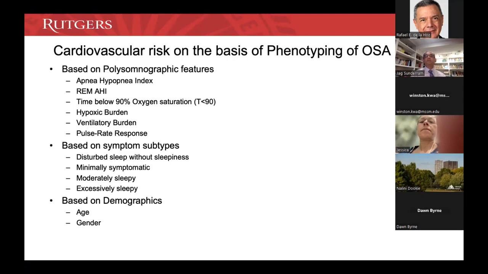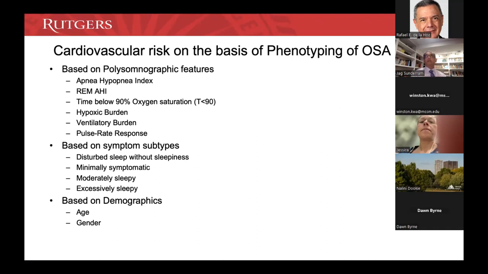Or like I had mentioned, the time below 90% oxygen saturation, called T less than 90, the hypoxic burden, which takes into account both the depth and duration of hypoxic events, the ventilatory burden, which is the change in ventilation that results in either the arousal or the hypoxic event.